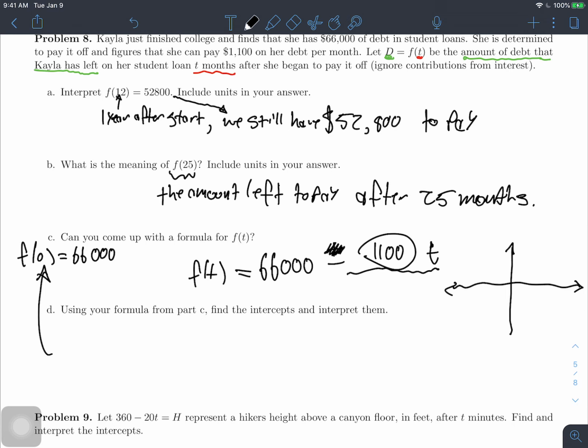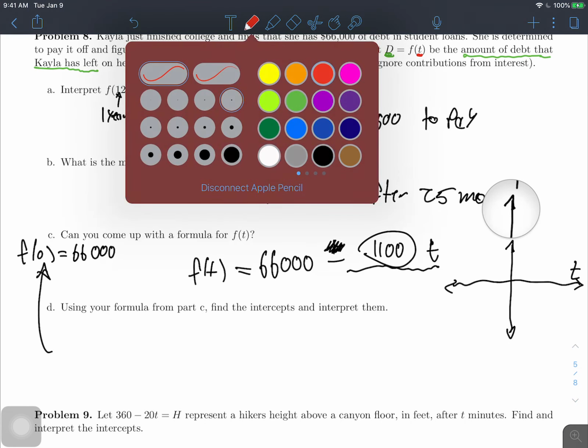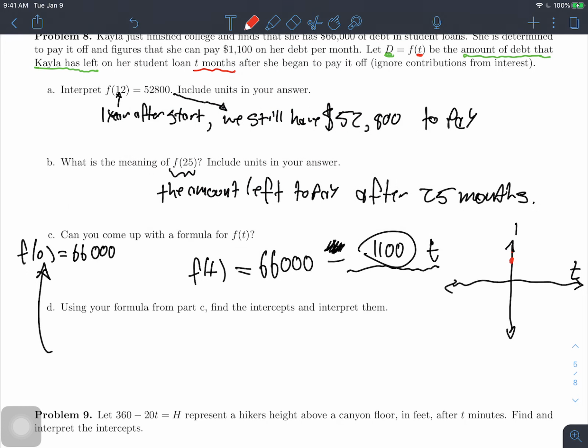Is it going to be t or d? It's going to be t. And then d is going to be on the vertical axis. So if I have 0, 66,000, yes, go ahead. It's going to be a vertical intercept. It means we start at 66K. Let me do it in red. Okay, there we are at $66,000.